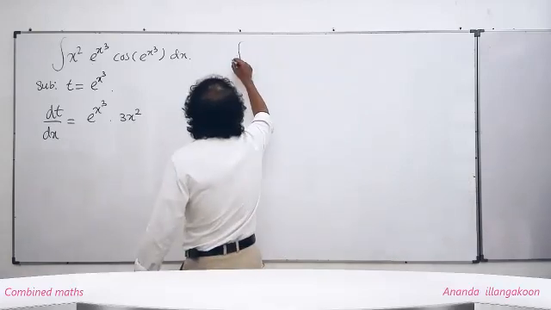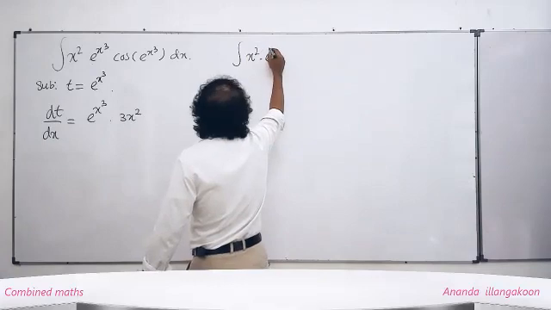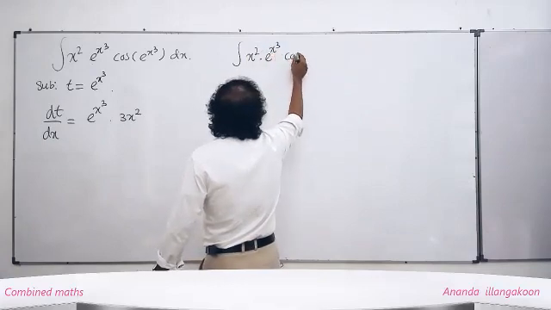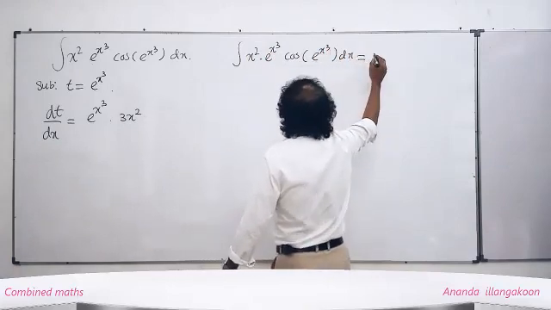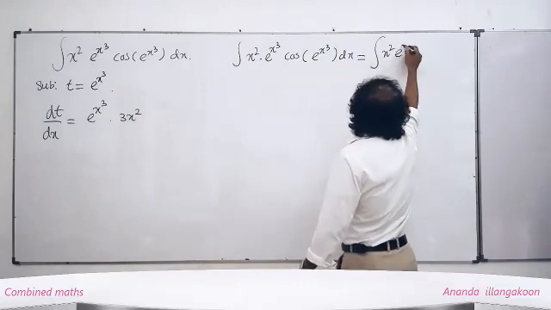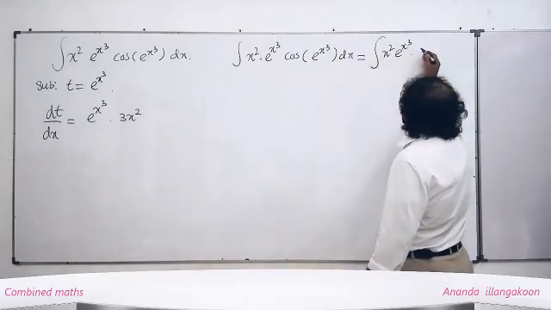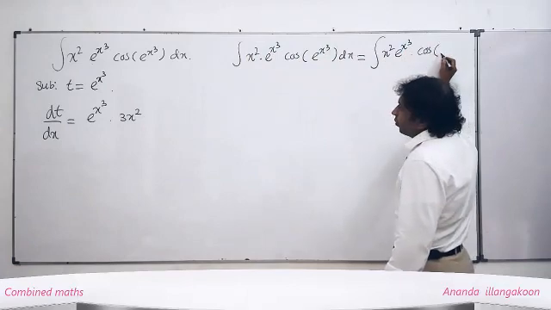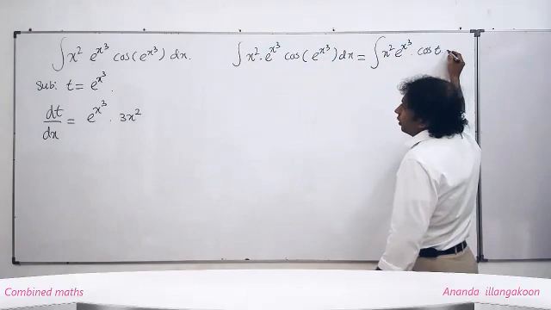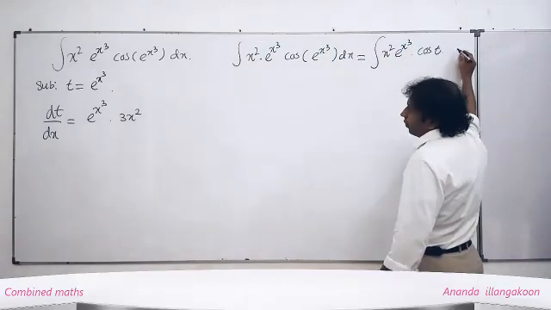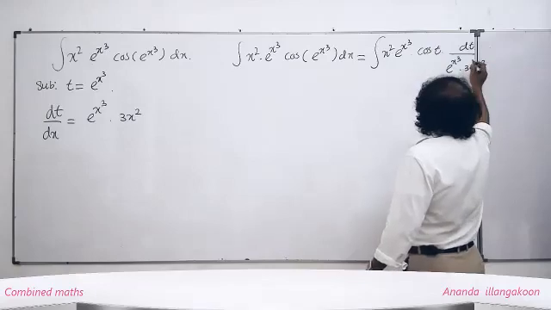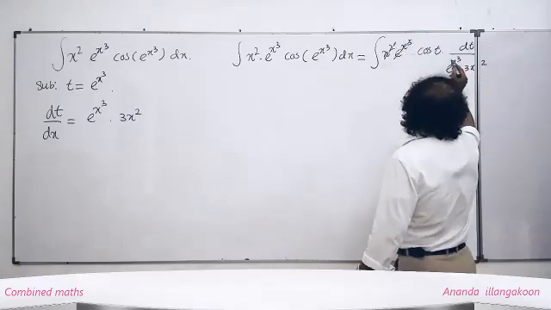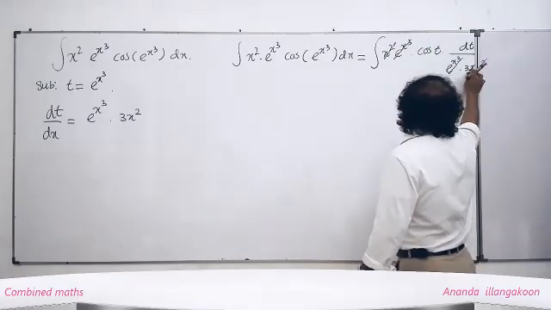Then this you can write as x squared e^(x cube) cos t, where t is e^(x cube), and dx is going to be dt upon e^(x cube) times 3x squared. Then x squared and e^(x cube) we can cancel down. This 3 can be taken before.